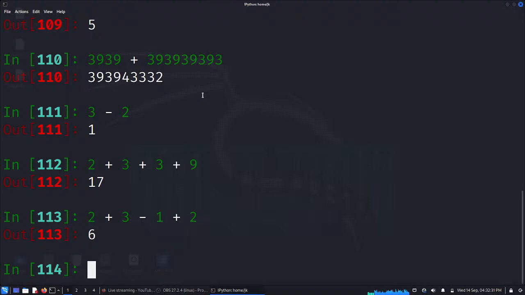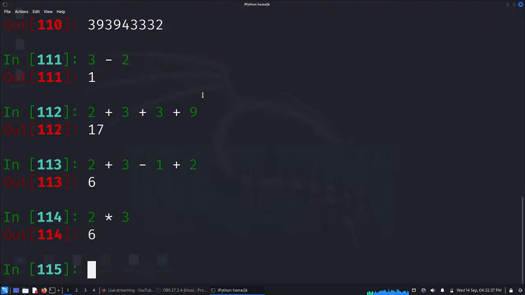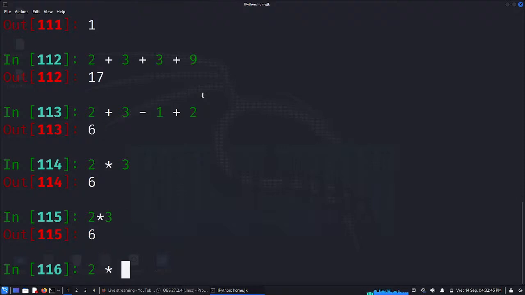And of course, we can do multiplication. One of the things I want to point out is that you have an operator, right? This is an operation that we're performing. This is the star operator here.